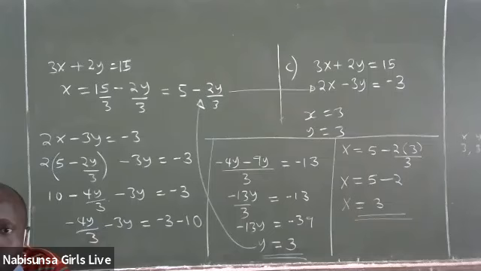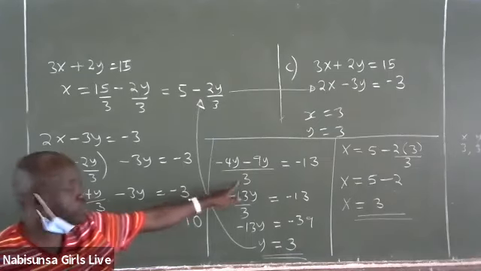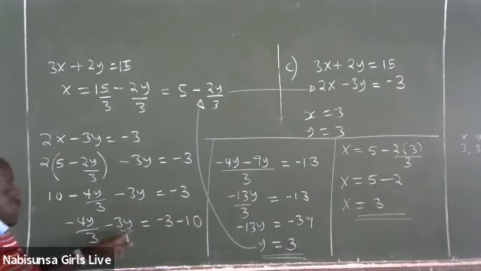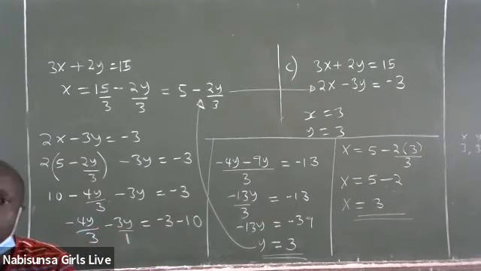Where did you get the 9y from on that step of negative 4y minus 9y? When we put this one under the LCM, remember this is over 1. So the LCM is 3. You will say 3 divided by 1, which is 3, times minus 3y. Don't you get the minus 9y? Sebagara, is it okay? Yes, teacher.